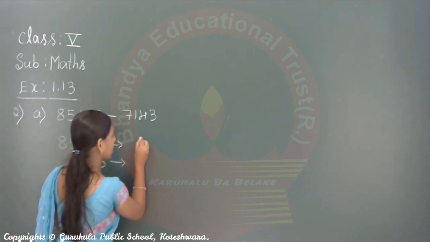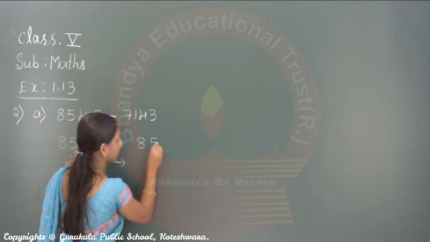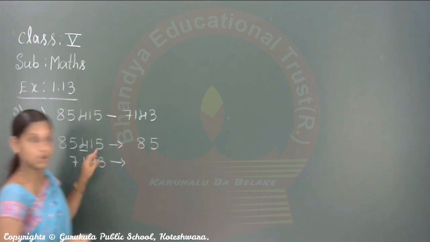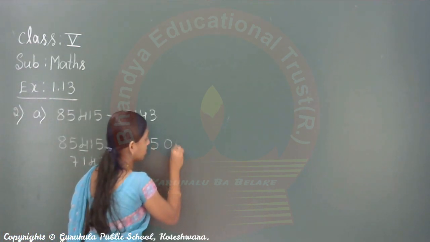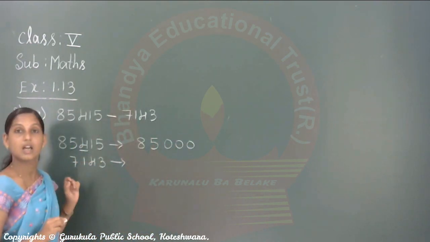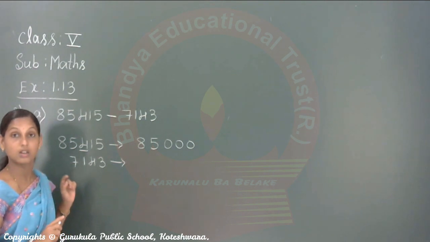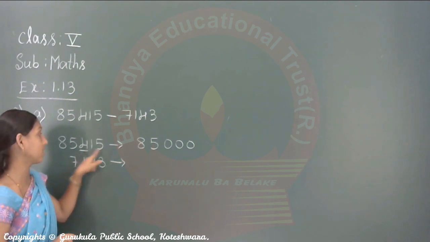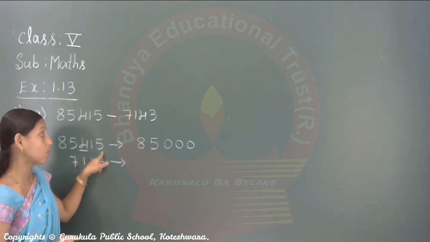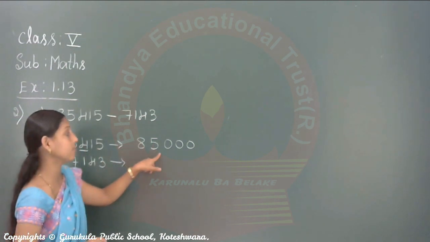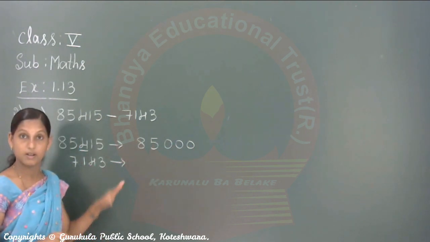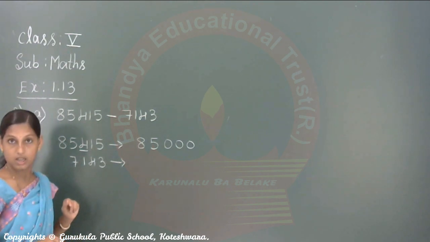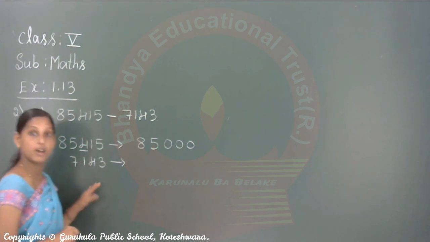So it will be 8 and 5. Then make the other 3 digits 0. So it is 85,000. Therefore, the number 85,415 is rounded down to 85,000. Rounded down means it has become less. Okay? I hope you have understood.